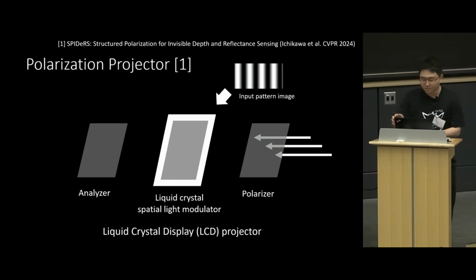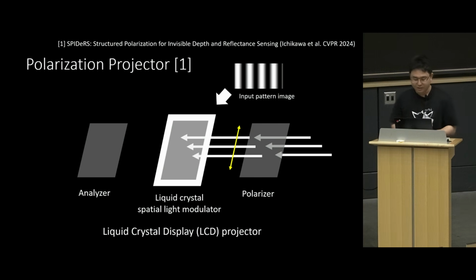Before explaining our method, let me first describe how to project a polarization pattern in practice. Such hardware may be unfamiliar, but it can be easily built based on an LCD projector. In the LCD projector, the emitted light is polarized by a polarizer and then passes through the liquid crystal spatial light modulator.